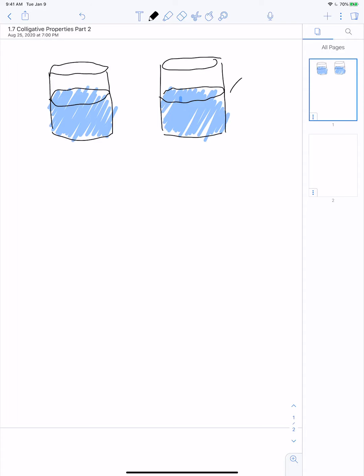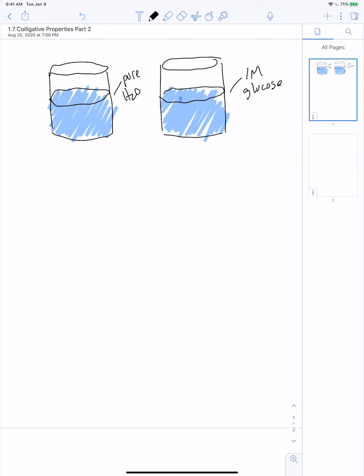Let's say that this has 1 molar glucose and that this is just pure water, same temperature, same pressure, etc. It's sort of weird to think about it like this because we usually think in terms of changes in free energy. So maybe that's a way to think about it.